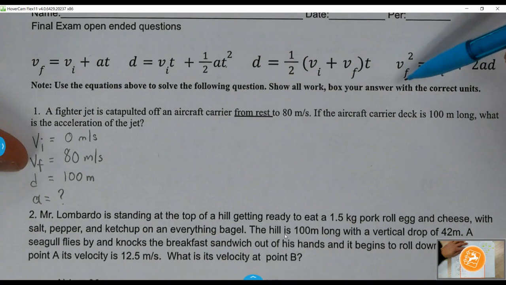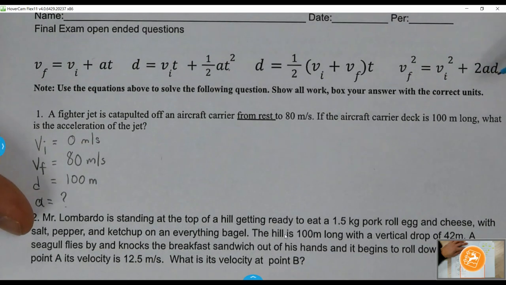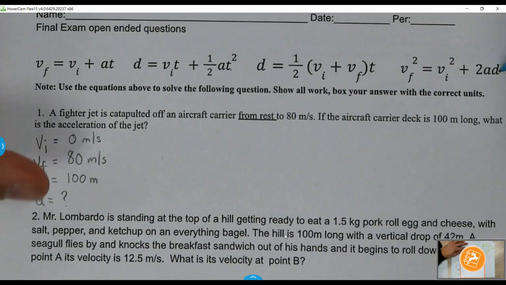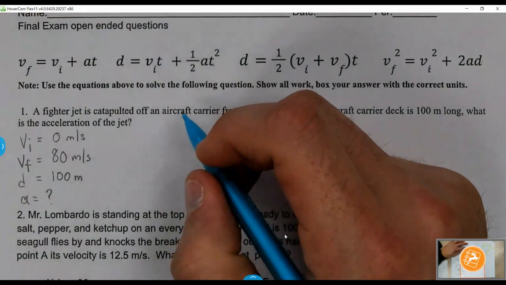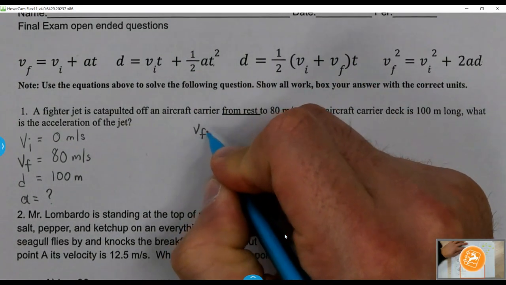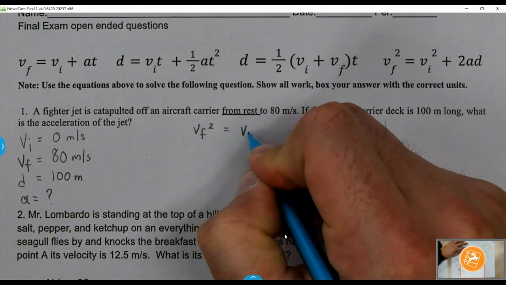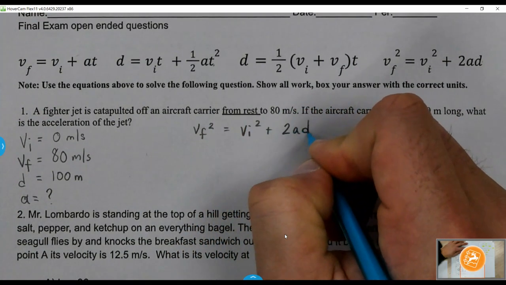Do we have VF? Yes. Do we have VI? Yes. Do we have A? Well, yeah, it's one of the variables we're looking for. And D. Yep. So this is going to be the equation that we need to use. How I want you guys to do it is you're going to write the equation: VF squared equals VI squared plus 2 times AD.